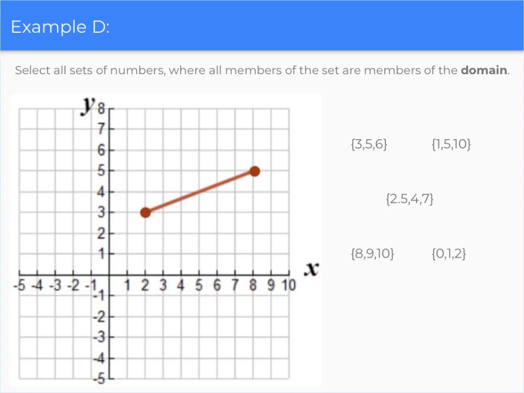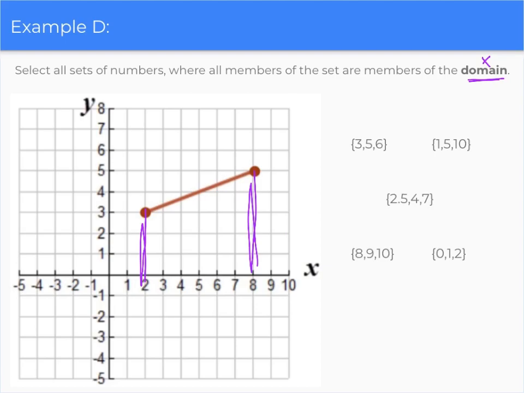Here we are at example D, and it says select all the numbers where all the members of the set are members of the domain. So we're looking for all these numbers to fit inside our domain, or our x. So since our line ranges between 2 on our x and 8 on our x, we're looking for sets that only contain numbers between 2 and 8.